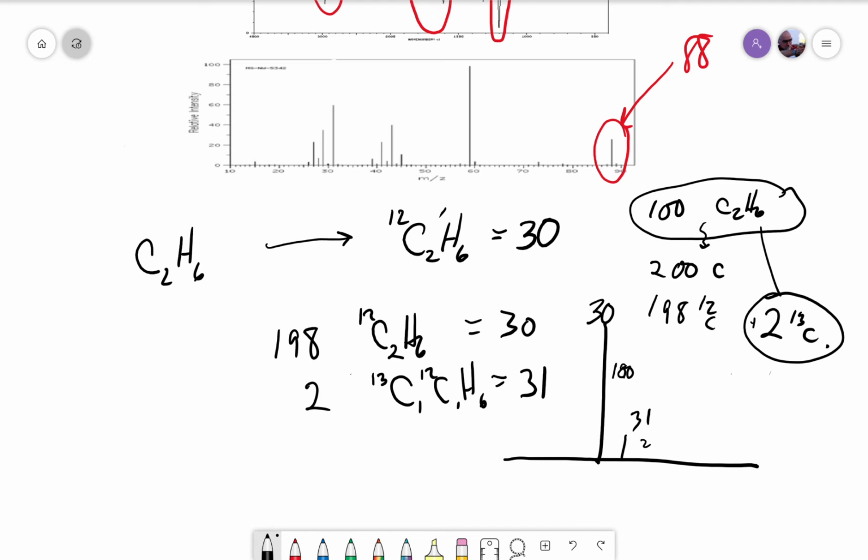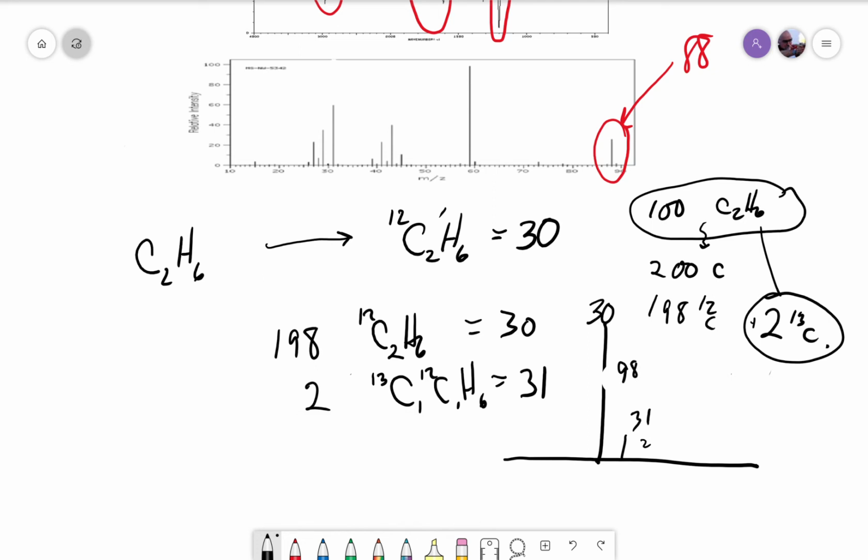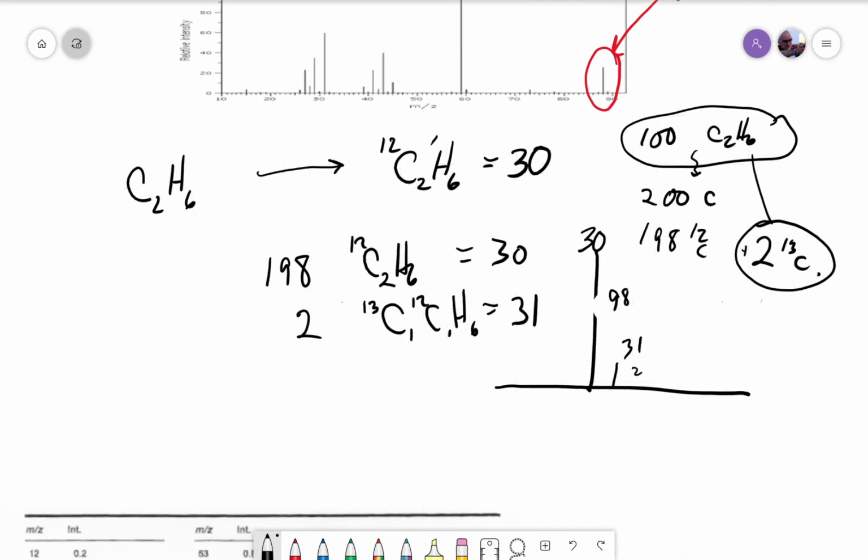So there would be 2 of them and 98 again. In a normalized spectrum, that means the peak at 31 would be 2.2%.